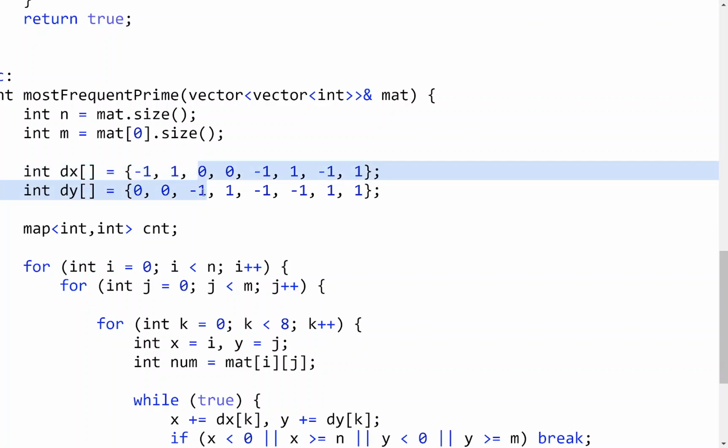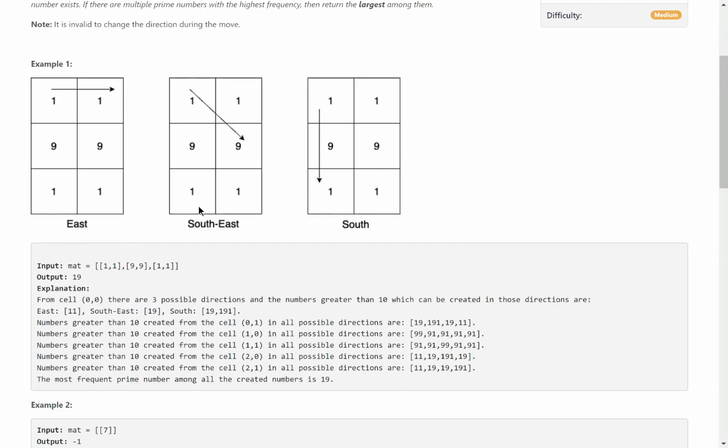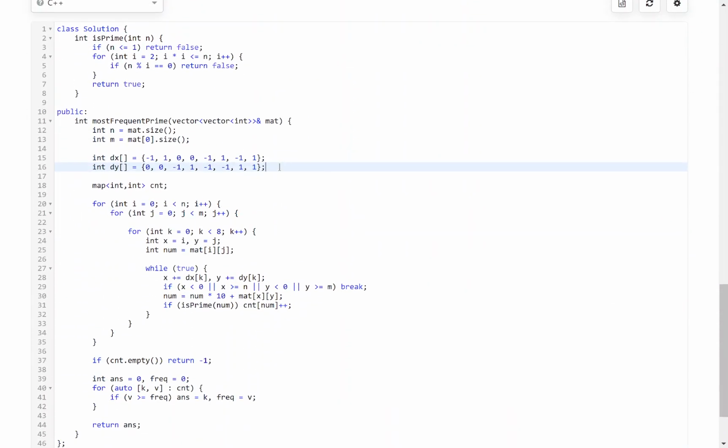Like this says the previous column, this says the next column in the same row, this says previous row previous column, this says next row and previous column. Basically I'm just representing all the 8 directions I could have with these two arrays.